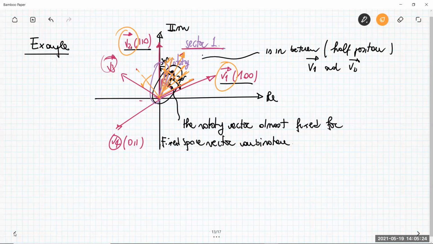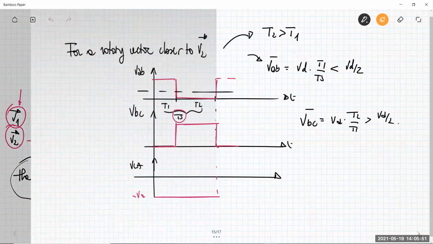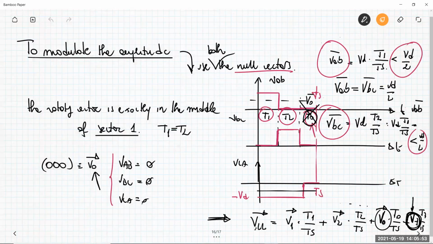T1 is equal to T2 only if the vector is in the middle position. When the rotating vector is close to V1, I have to use T1 higher than T2. When the rotating vector is close to V2, I have to use T2 higher than T1 to enlarge the average. So these are the rules. Then I have to change the sector, and I have to change the space vectors I'm using.